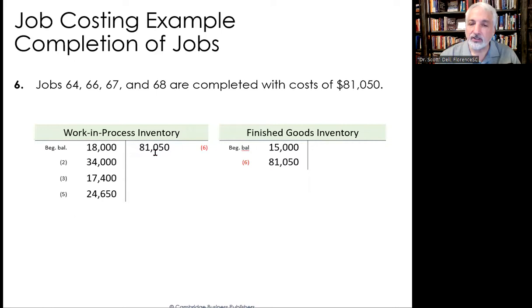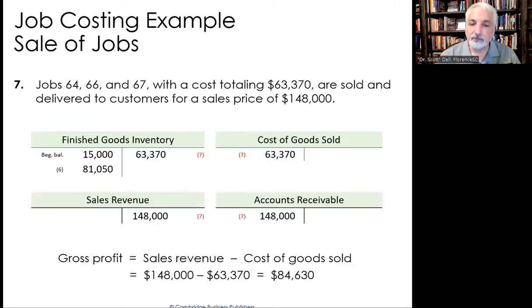So we have work in process. We finish our work in process, transfer it over to finished goods. We're done with the materials themselves, taking the materials, labor, and overhead to make something 100% done. The car is done. The house is complete. We've transferred it and we're ready to put this stuff in finished goods for resale. And then from finished goods, we'll move it over to cost of goods sold once we sell the stuff.